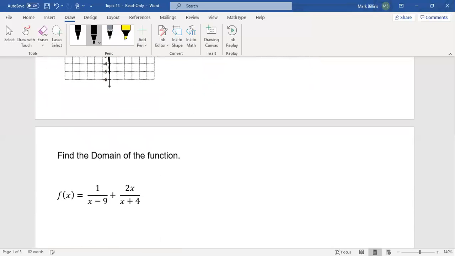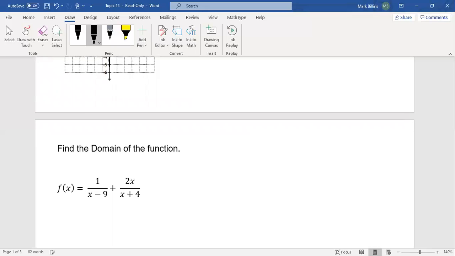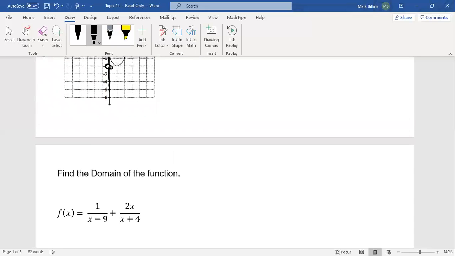So let's find the domain of some functions. In finding the domain, we keep in mind the restrictions. When we look at a rational function, that is fractions, what is the restriction to a fraction? It has nothing to do with the numerator, but remember that our denominator cannot equal 0. So we know that x minus 9 cannot equal 0, nor can x plus 4.